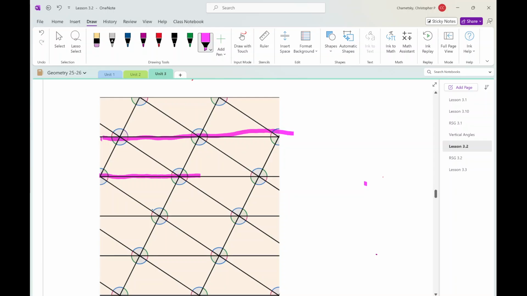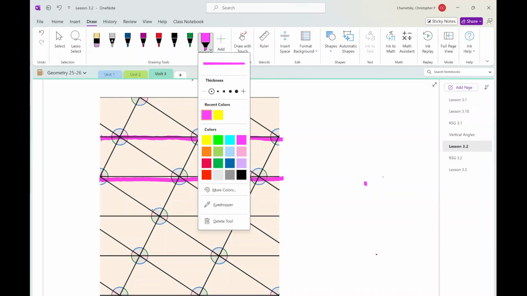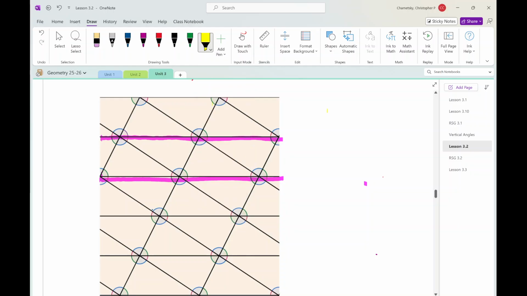So if we look at a couple of these horizontal parallel lines, and if we look at one of these lines going diagonally, we can see this repeated pattern where this green angle from this corner seems to repeat itself over and over again, okay, along that yellow line there.